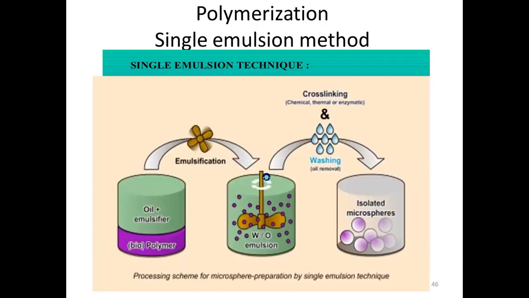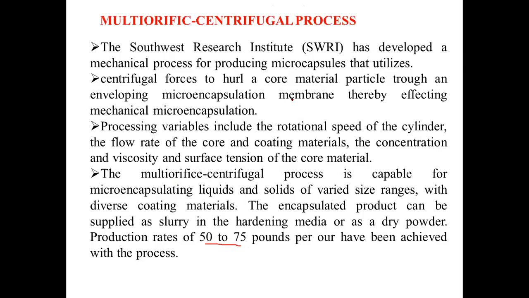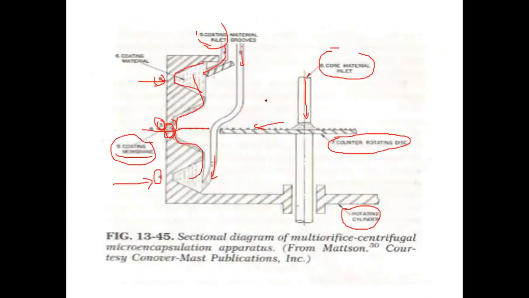And the last technique that we have just now discussed is the multi-orifice centrifugal process, which was developed by the Southwest Research Institute. In this method, one cylindrical rotating cylinder is there, containing different grooves. Those grooves contain coating materials.